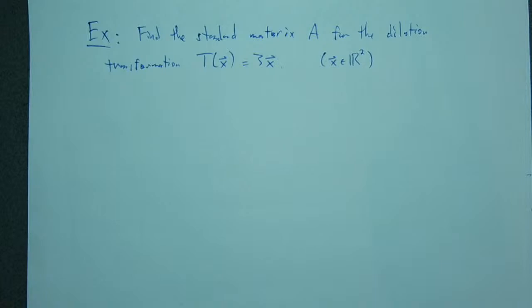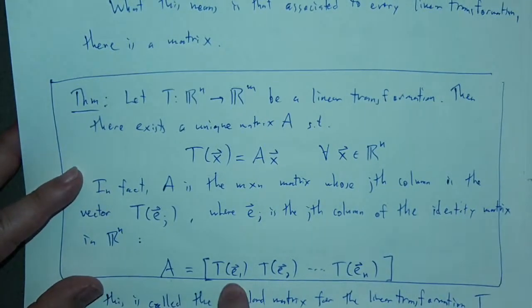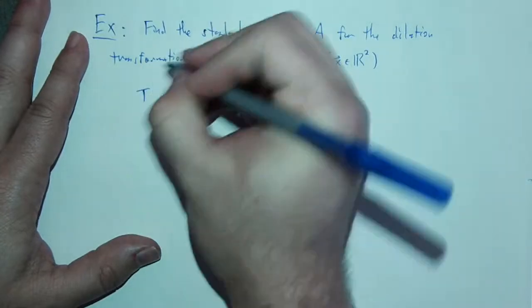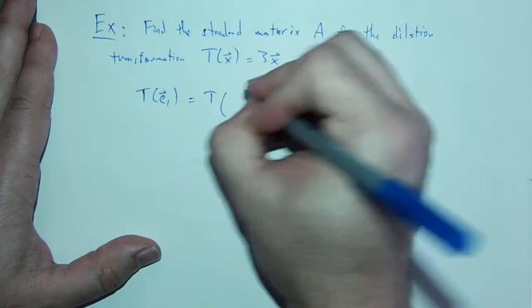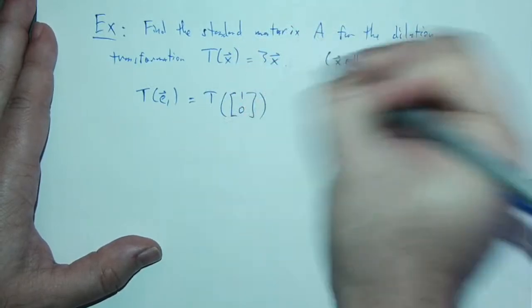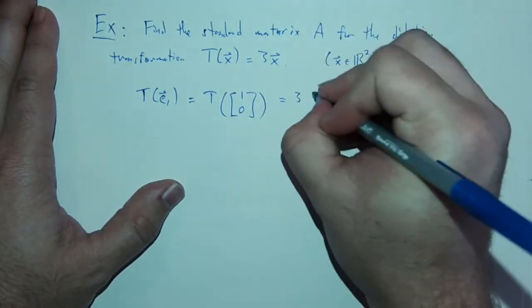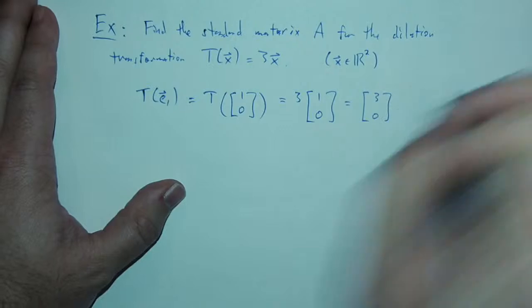Okay, so how do I do this? Going back here, I would take the standard basis vectors e1 and e2, since I'm in R2 I only need two of them, apply the transformation to both of them, and then stick them in a matrix. So what is T of e1? That is the transformation applied to the vector 1, 0, which multiplies it by 3. So this is 3 times 1, 0, which is the vector 3, 0.